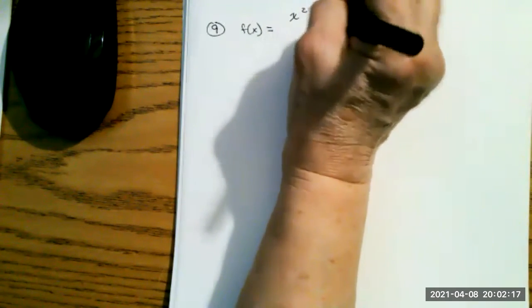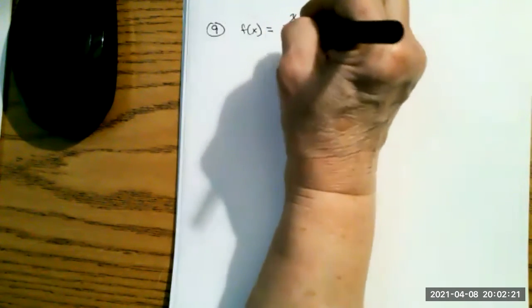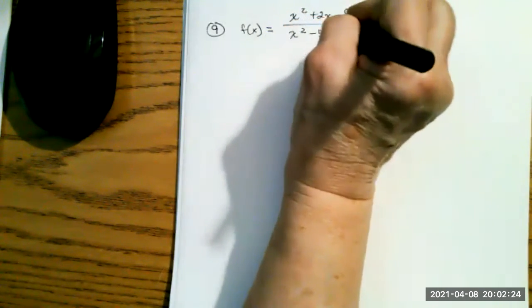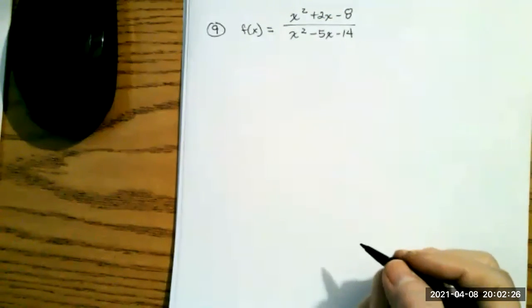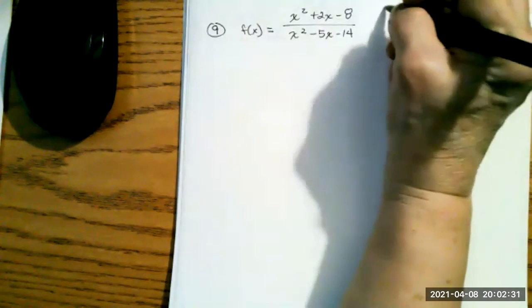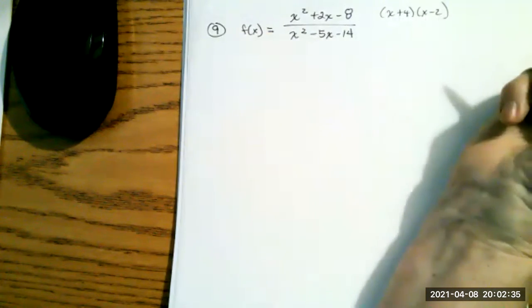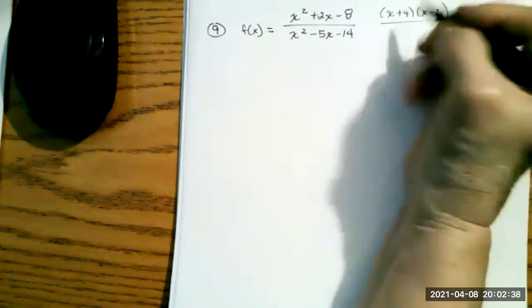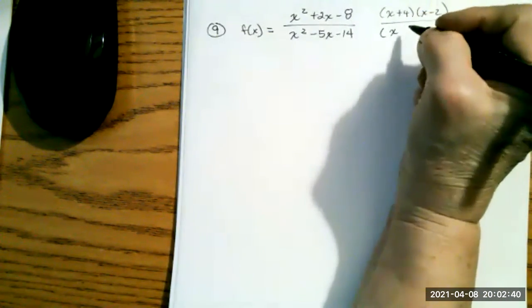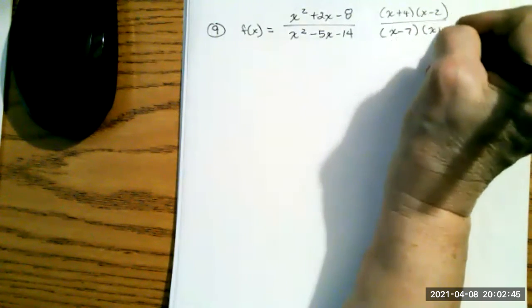Number 9 says f of x equals x squared plus 2x minus 8 over x squared minus 5x minus 14. And let's see, 4 and 2, x plus 4, x minus 2, will that factor? Yep. And then the bottom, x minus 7, x plus 2.